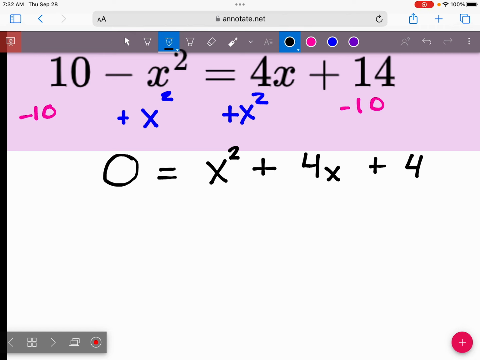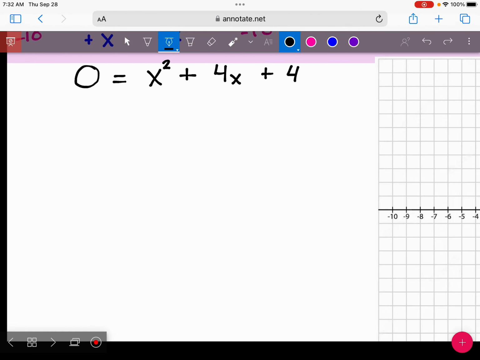And this is what we're going to graph. We'll treat the 0 like it's our y, because it is.